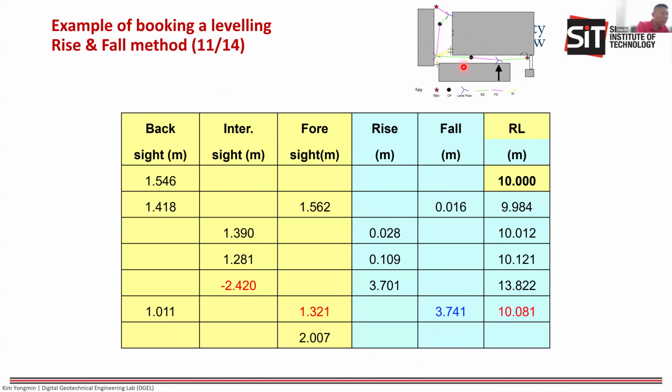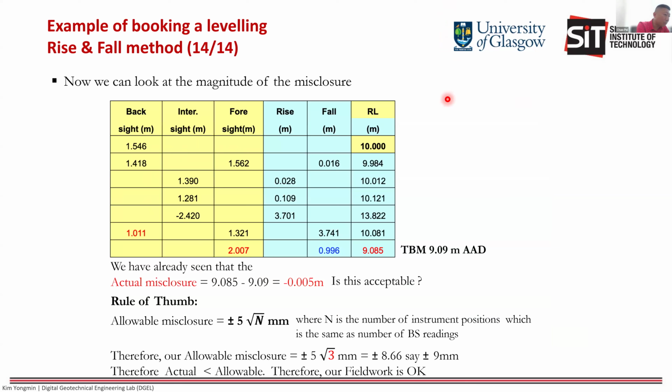So we have 3 level positions. Then this n is 3. So 5 times the square root of 3 is plus minus 8.66, or we say maybe 9 mm. And our error is only 5 mm. So it means that it's acceptable.